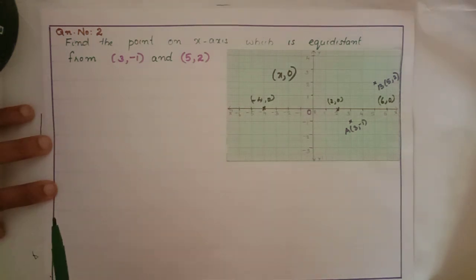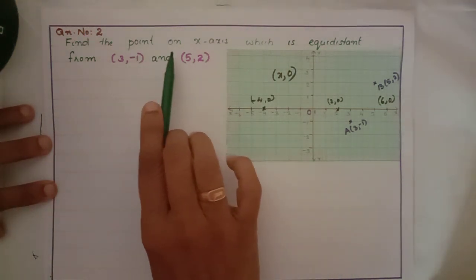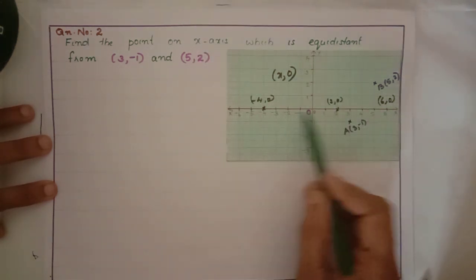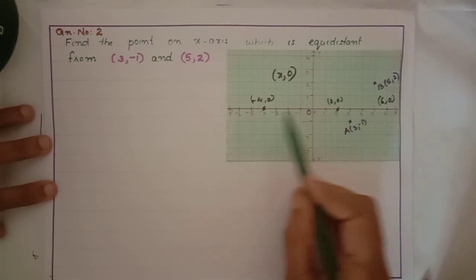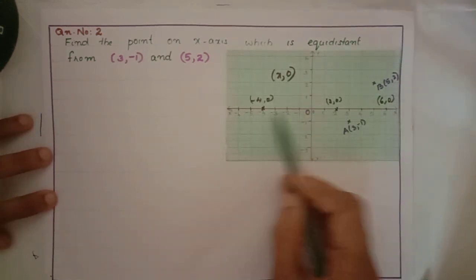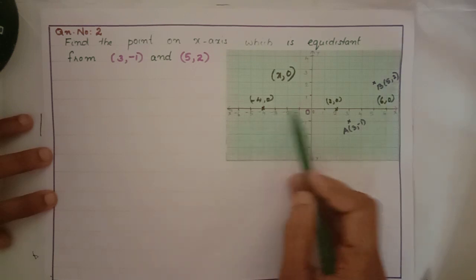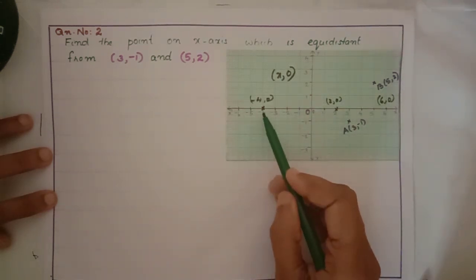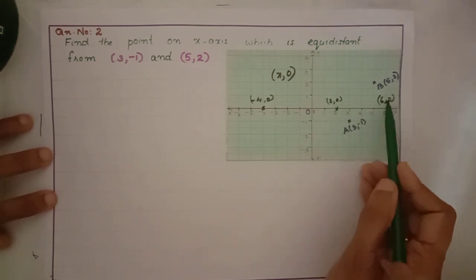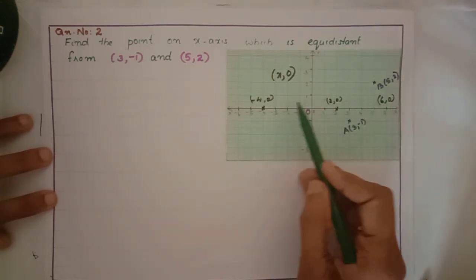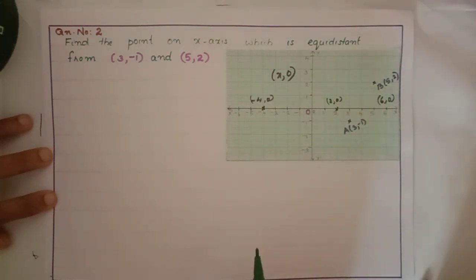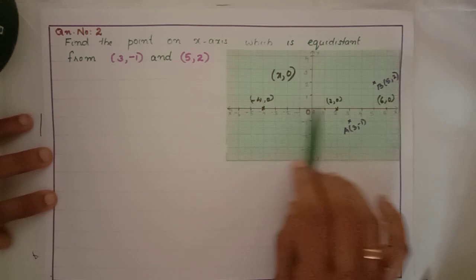In the last question, the task was to find a point on the y-axis, but here it is a point on the x-axis, isn't it? So what is the speciality of a point on the x-axis? Here I plotted some points on the x-axis: this point (-4, 0), this one (2, 0), this one (6, 0). What is the property? In all the points, the y coordinate is 0. Isn't it? The y coordinate is 0.